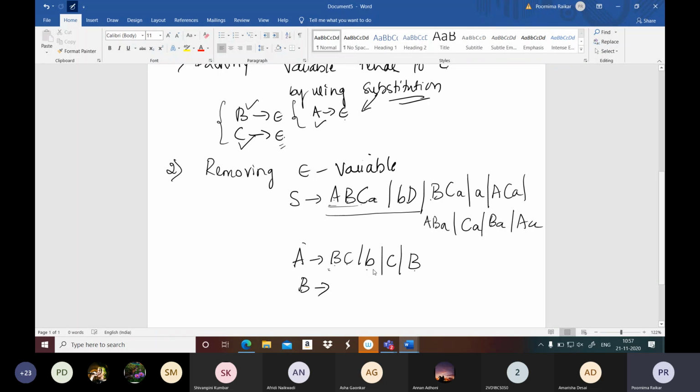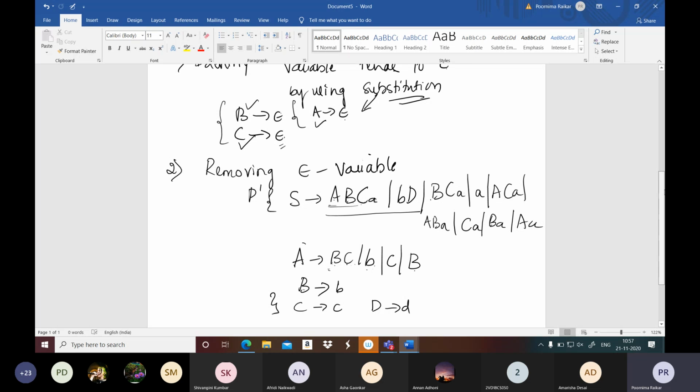As the original rule is BCB, you substitute alternately epsilon for B and C. Next with B, I'll not take B with epsilon because I am eliminating it. So I'll only take B. Then C with small c. Then D with D. So this is what I got after eliminating my epsilon production.